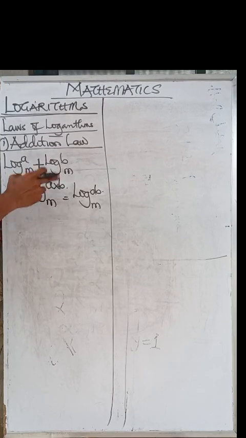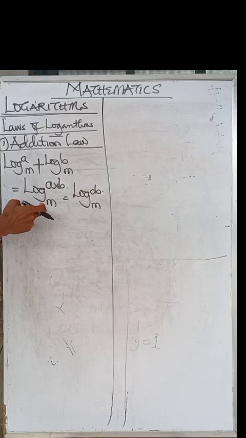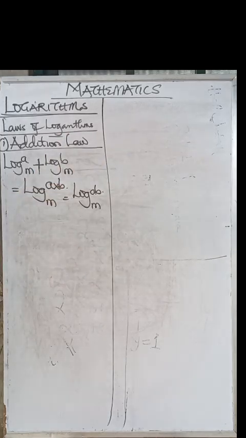So you have log a times b base m, which is log ab base m.